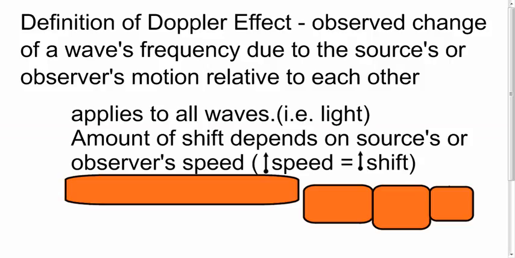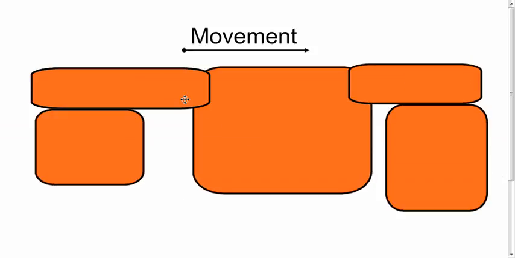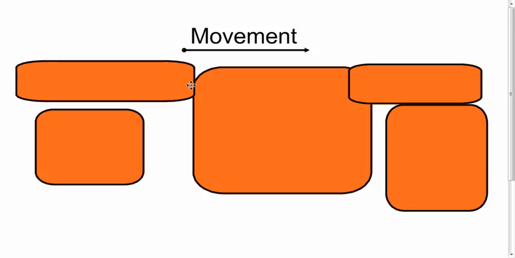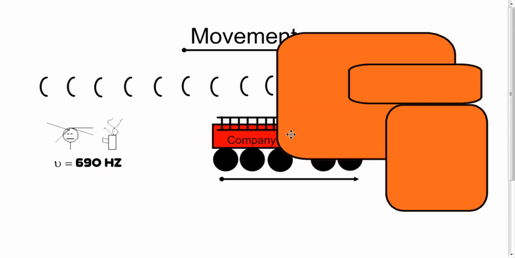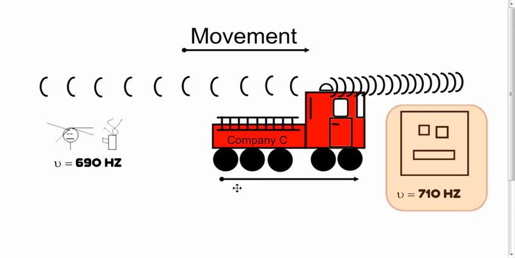If you go back to this example, if the truck had been moving twice as fast, these numbers would have changed more. It would have been 715 and 680 or something to that effect.